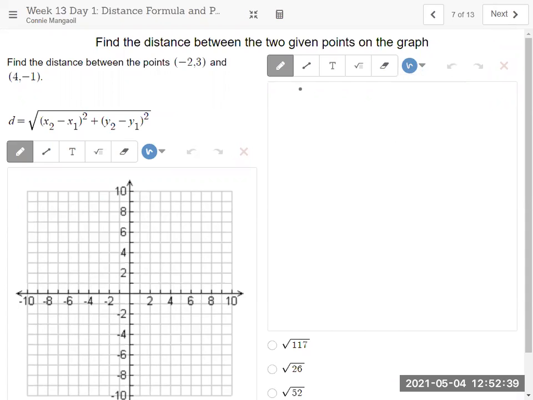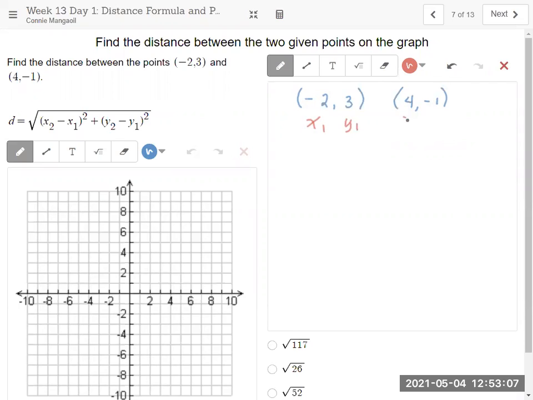Okay, we are given 2 points, negative 2, 3, and 4, negative 1. Okay, we've got these 2 points here. Now, the first coordinate, we can say that this first point here is your x sub 1, y sub 1, right?